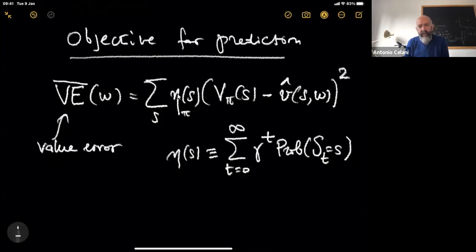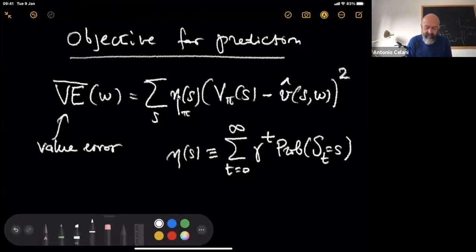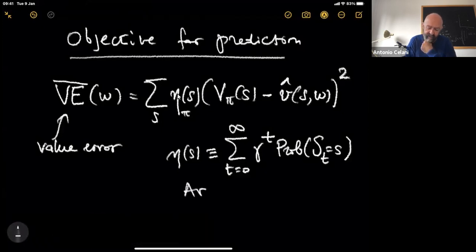It's very important to use this particular quantity because it connects with what happens on trajectories. If you use a weight function here, this is a sort of average time, average number of visits under policy pi.